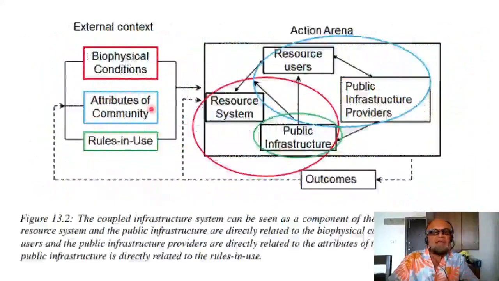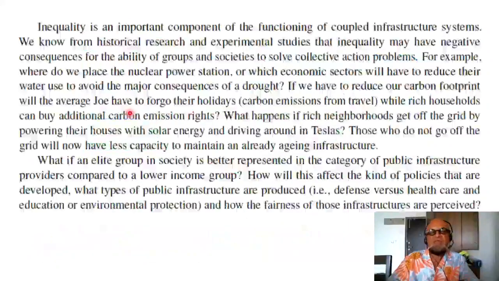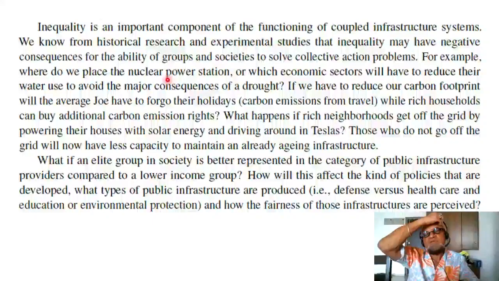So the attributes of the community often determine how the inequalities are dealt with, or whether the norms of the community attributes allow inequalities to be carefully taken care of, and protect the poor and the vulnerable and so on, right?